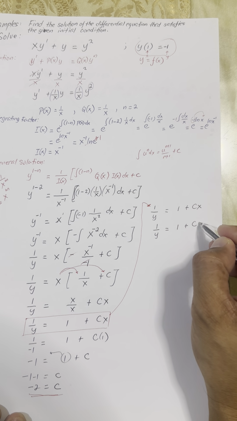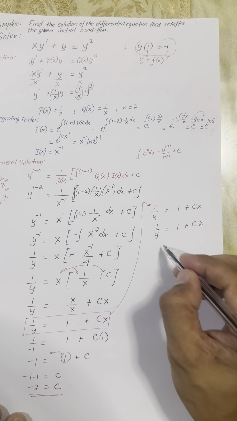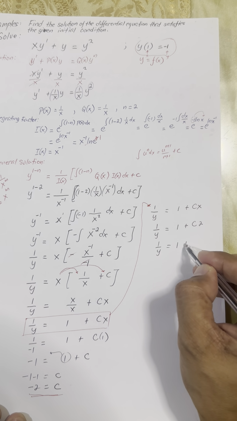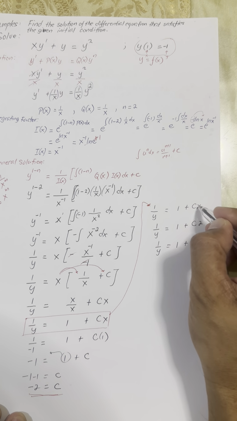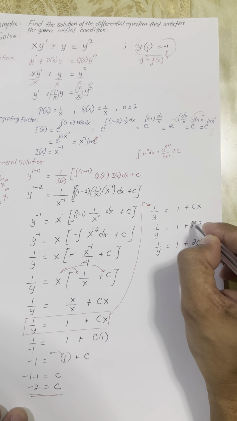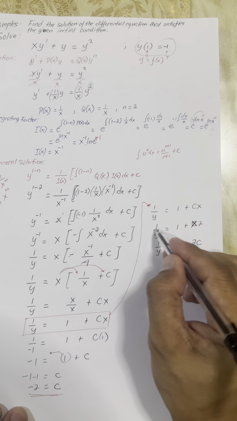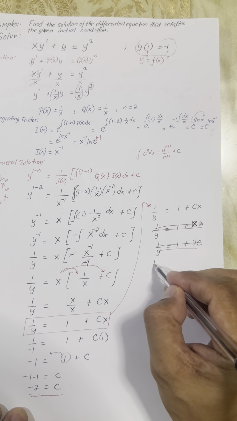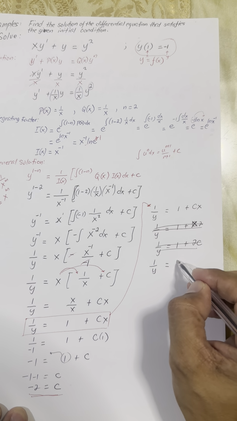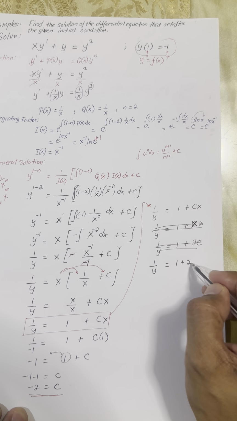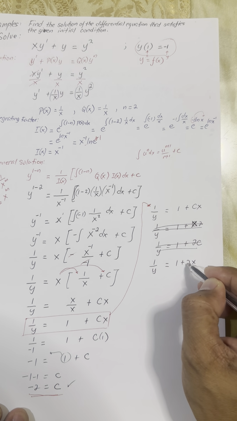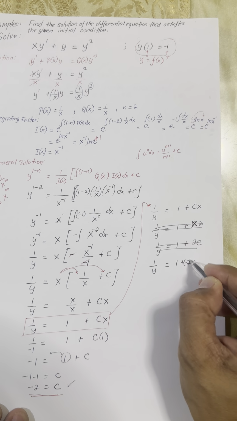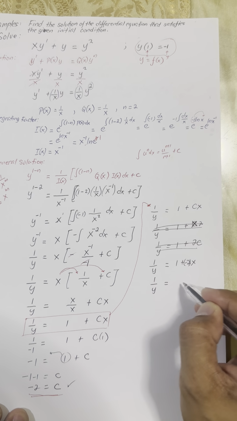Sorry, let's do it again. So we have 1 over y equal to 1 plus, our c is equal to 2, then times x. But our c is minus 2, so this should be minus 2. So 1 over y equal to 1 minus 2x.